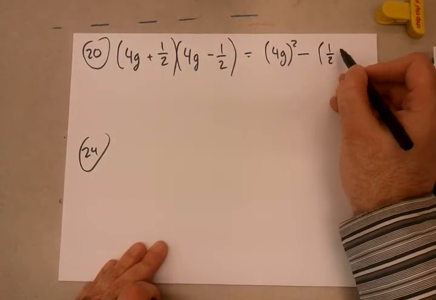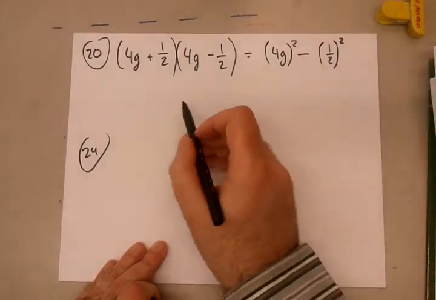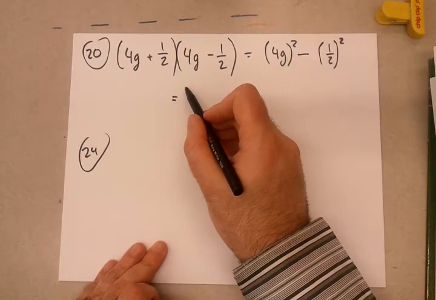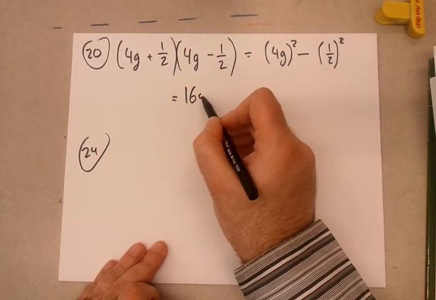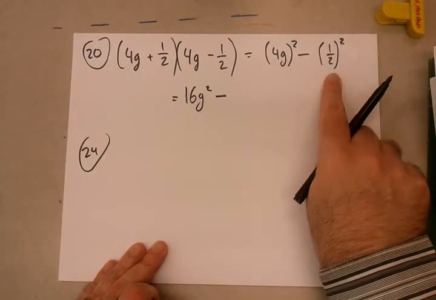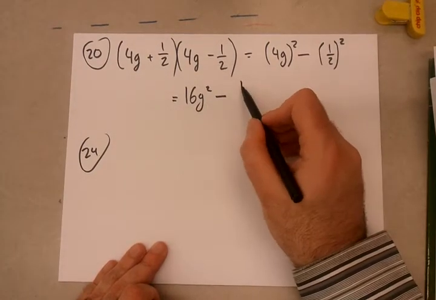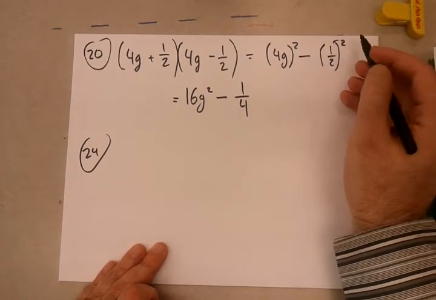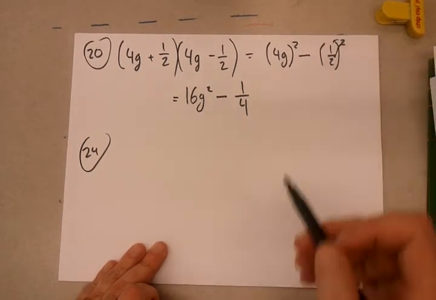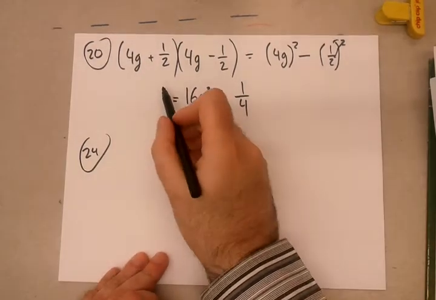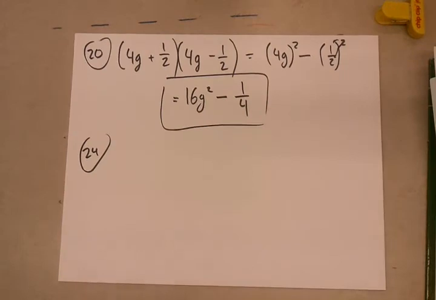So 4 squared is 16, g squared, that's just g to the second power, minus 1/2 squared, that's going to be 1/4, because if you distribute this 2 to the 1, that's still a 1, but if you distribute this 2 to that 2, it's going to be 2 to the power of 2, which is 4.